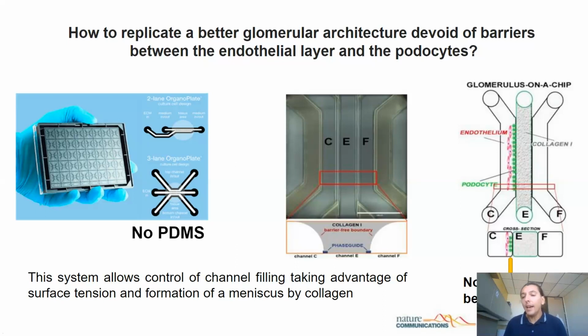And as you can see here, we use the collagen as just a backbone for support of the seeding of podocytes, a single layer of podocytes, on top of which we seed the glomerular endothelial cells. This allows us to not have any membrane in between the two cell layers.